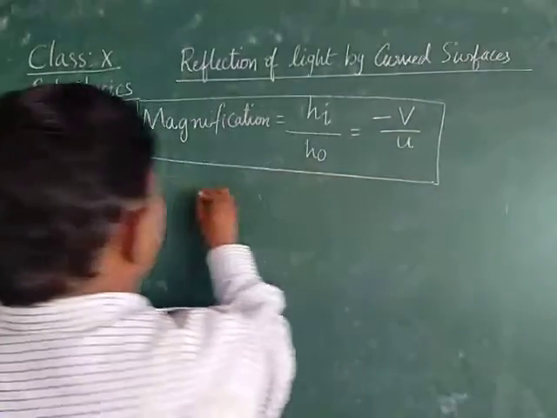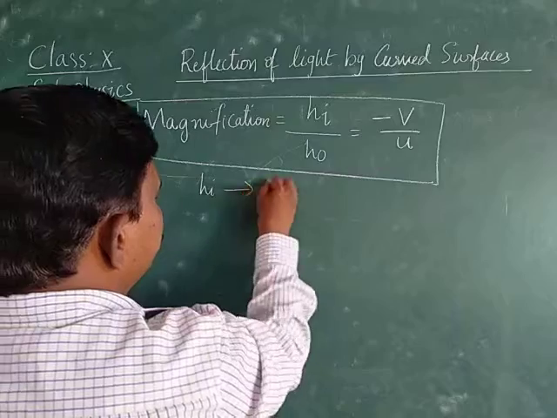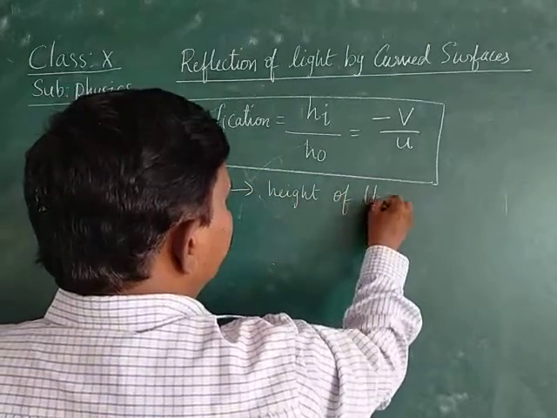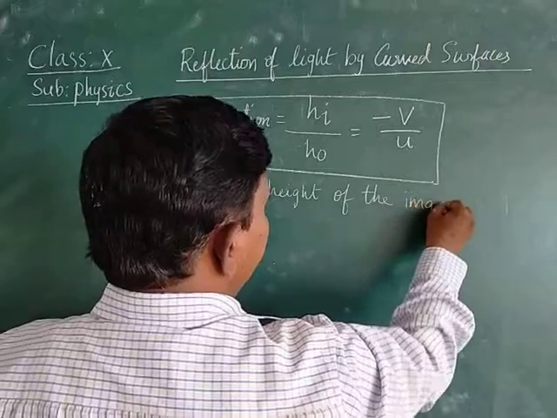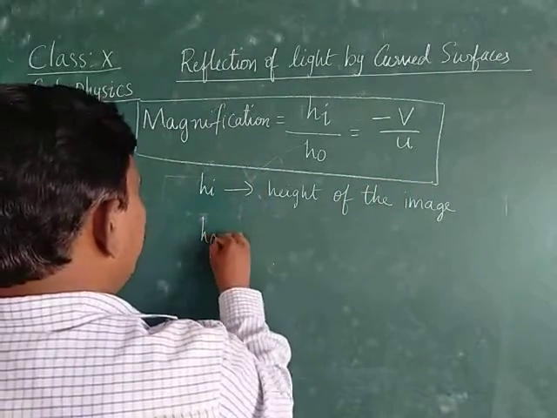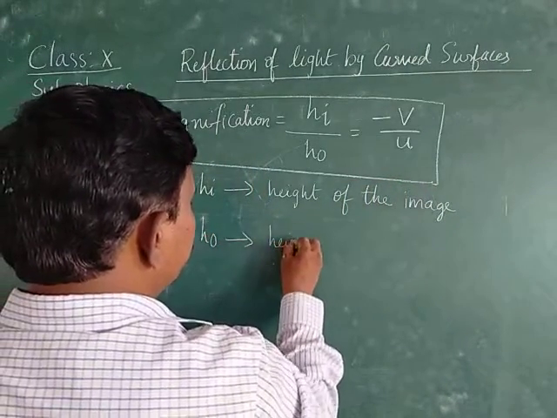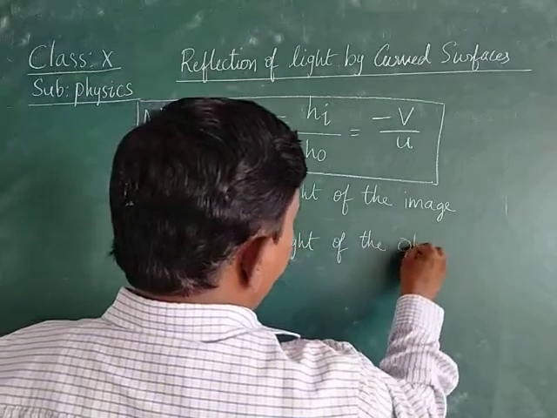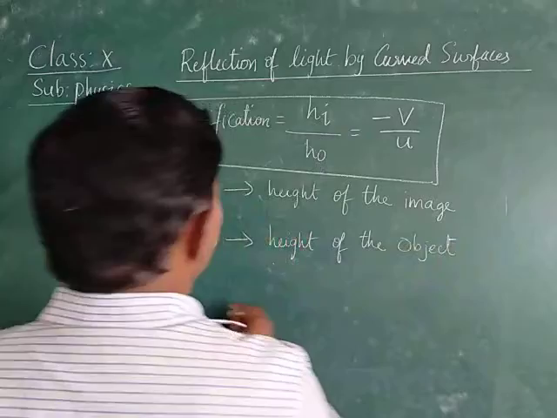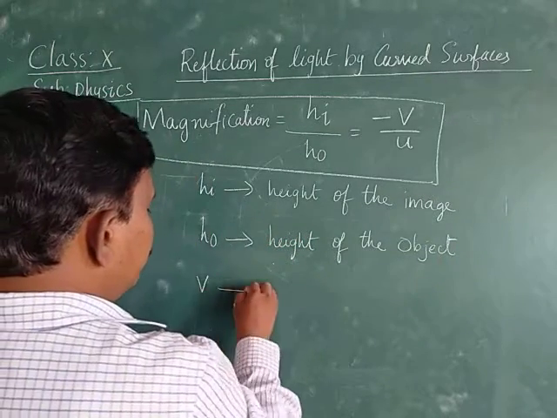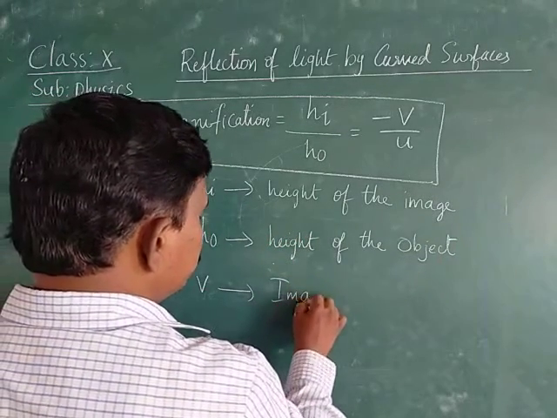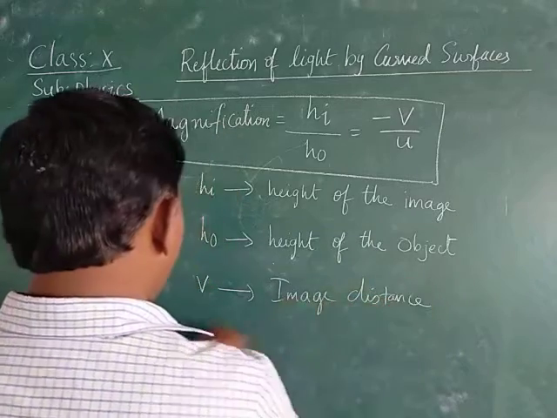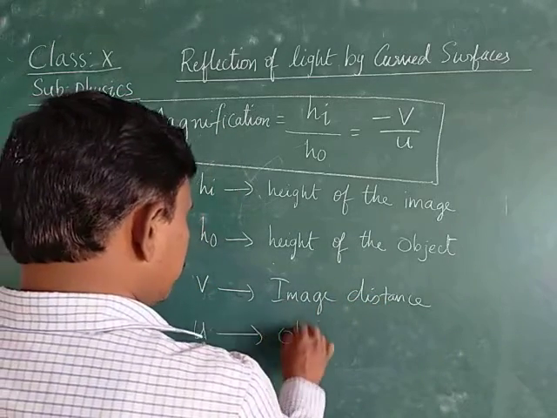Where HI means height of the image, HO is the height of the object, V is the image distance, and U is the object distance.